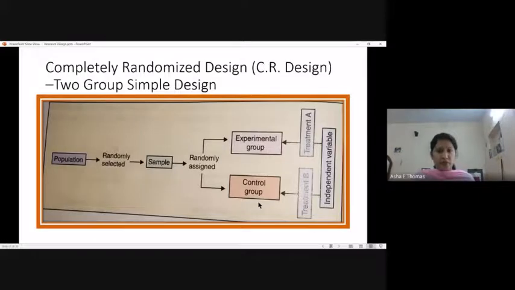So at random, I'm allocating them into different groups, and then I look at people who were given vaccination and the occurrence of the disease, and people who were not given vaccination and the occurrence of disease. But we know that there are many extraneous factors if we look into that experiment.